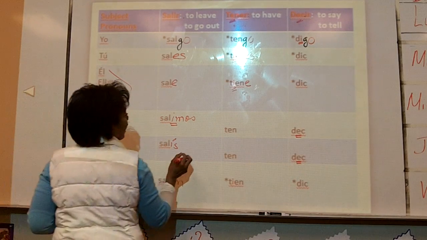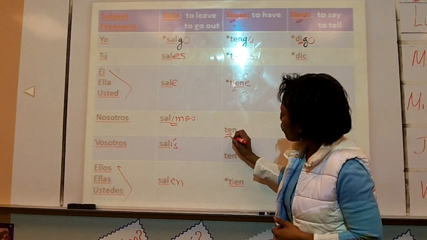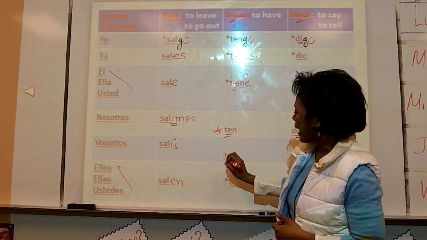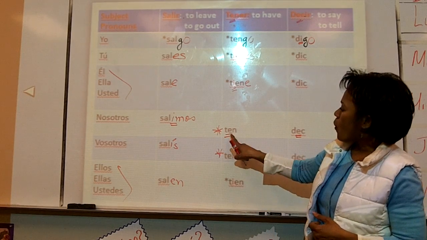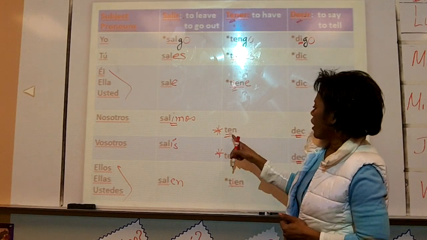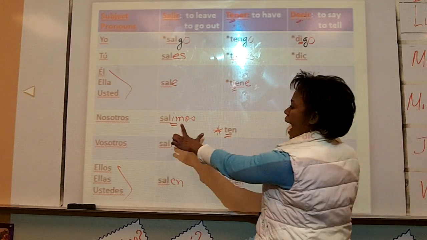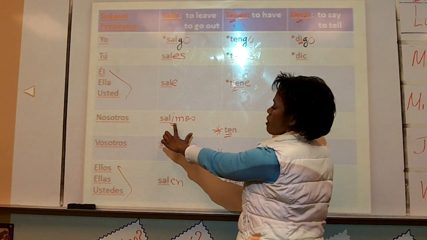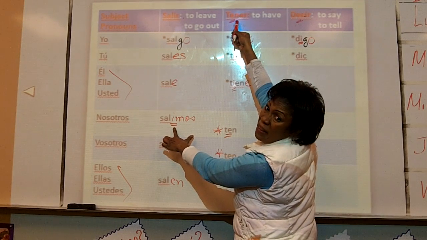Okay, and then here for nosotros, notice again there's no I. For nosotros, you got to keep also in mind and remember this. For nosotros and vosotros, you always keep the original spelling for the stem. Okay, so here, what do you think you're going to add here for nosotros? An I-M-O-S? No, it's not going to be an I. It has to be an E because this is an ER ending verb.